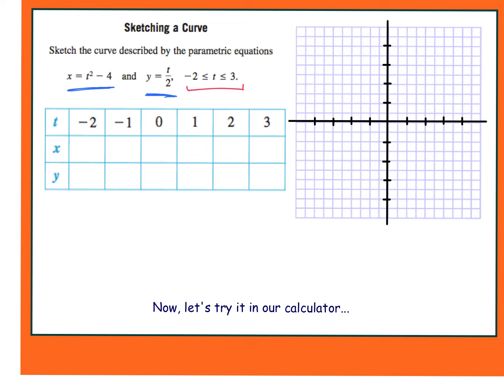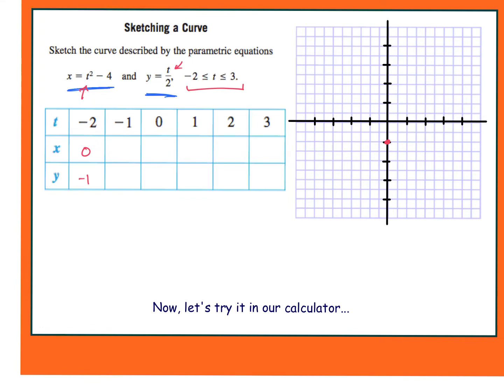If we substitute in -2 for t, what's my x? 0. And then if I substitute in -2 for t, what's my y? -1. Now I still graph it in rectangular form, so 0, -1 is right down there. Now I'm going to substitute in -1 for my t.